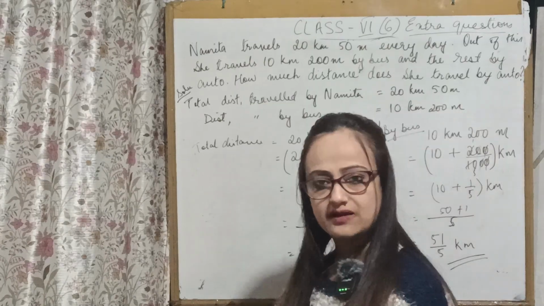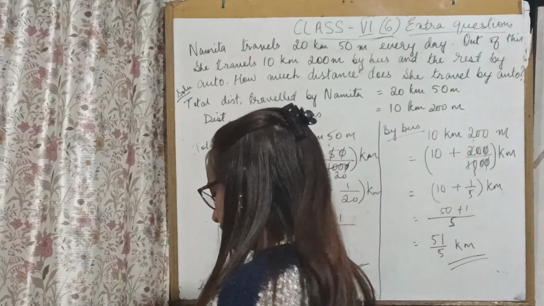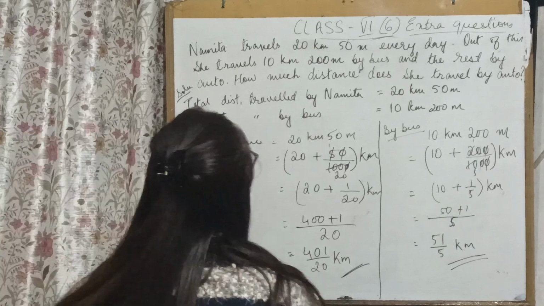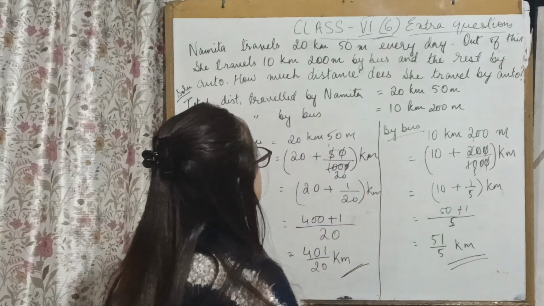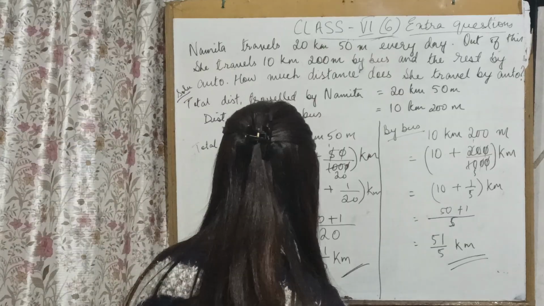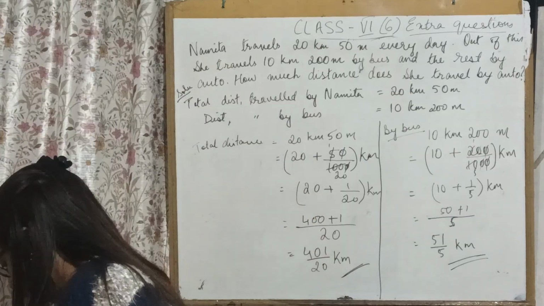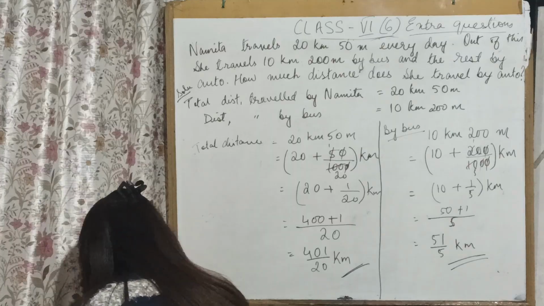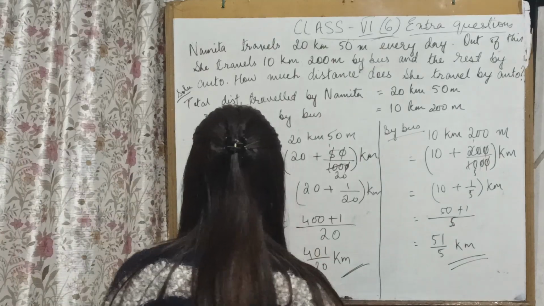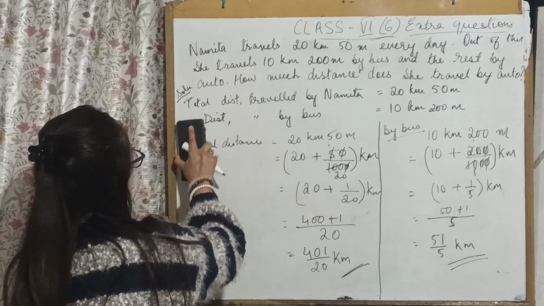No, we are not done. Read the question. What did they ask? They asked you how much distance does she travel by auto? We have just changed the unit. So now we are going to do the subtraction. Distance traveled by auto.